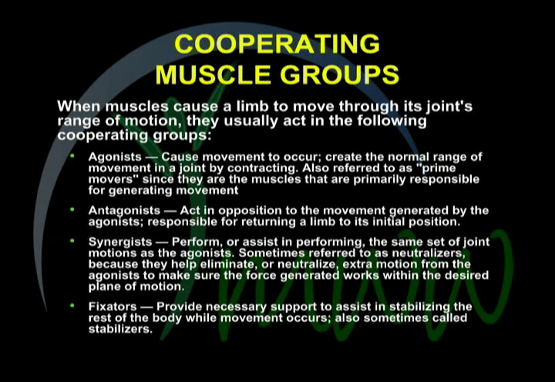Agonists and antagonists are usually located on opposite sides of the affected joint, like your hamstrings and quadriceps, or your triceps and biceps, while synergists are usually located on the same side of the joint near the agonists. Larger muscles often call upon their smaller neighbors to function as synergists.